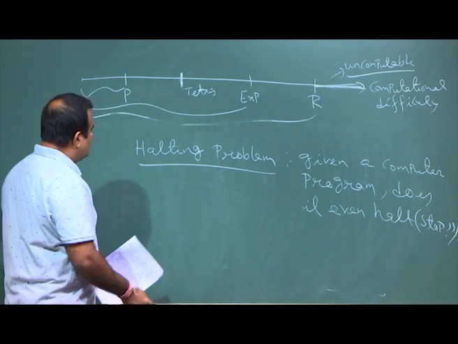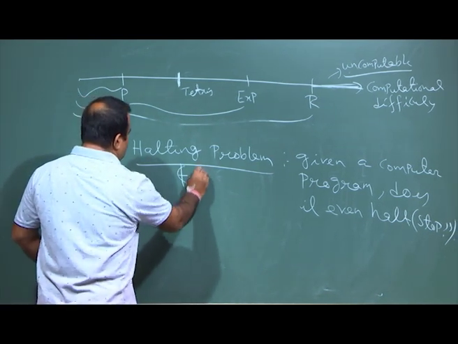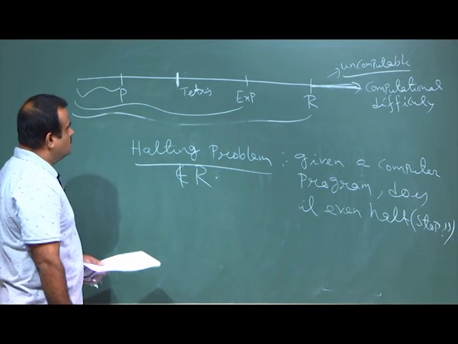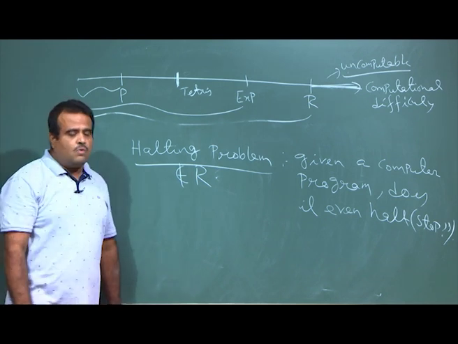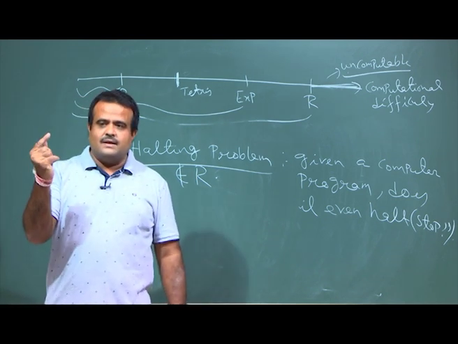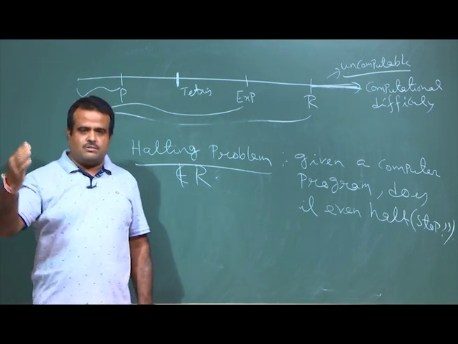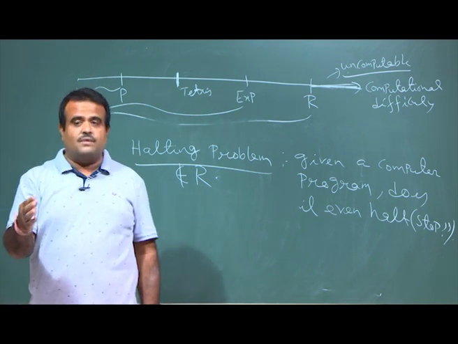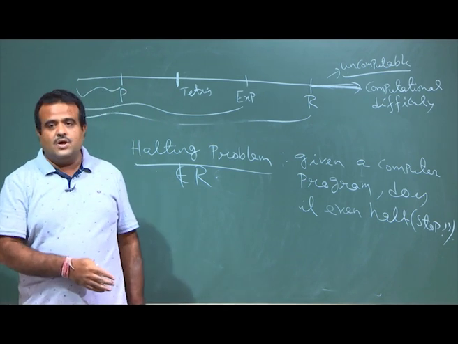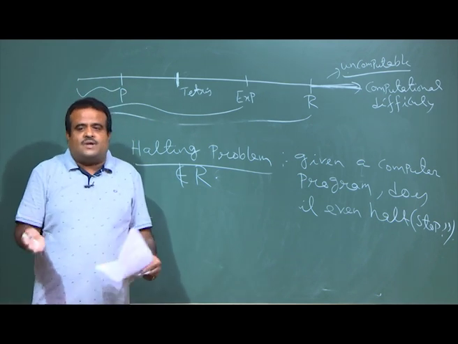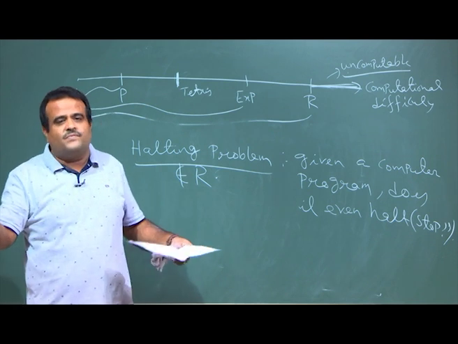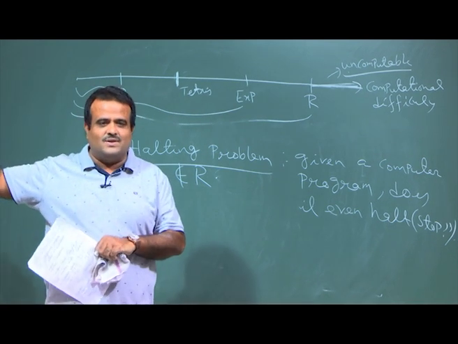So, that is why this does not belong to R. That means there is no algorithm which can tell, given an arbitrary program, whether it will halt or not in a finite time. Obviously, in infinite time we can say, because we can run the code and it may go up to infinite time.